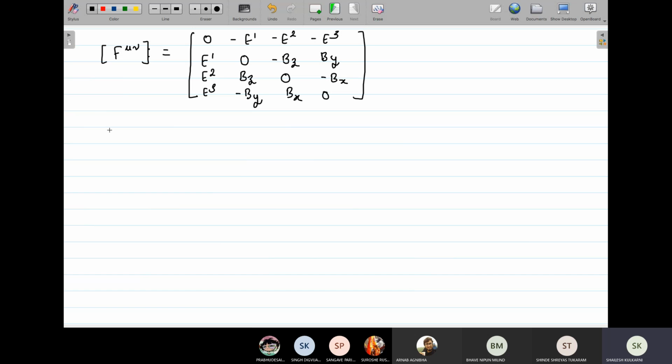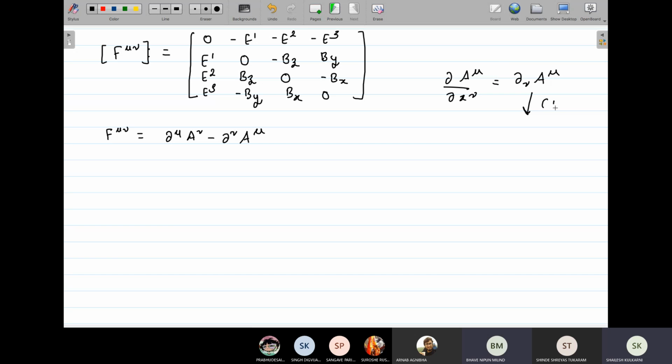What is important is that this object F mu nu is del mu A nu minus del nu A mu. Because of this, we know how it transforms under Lorentz transformation. Del by del x mu is a tensor of rank 1, and A nu is a tensor of rank 1. So how will this quantity transform?